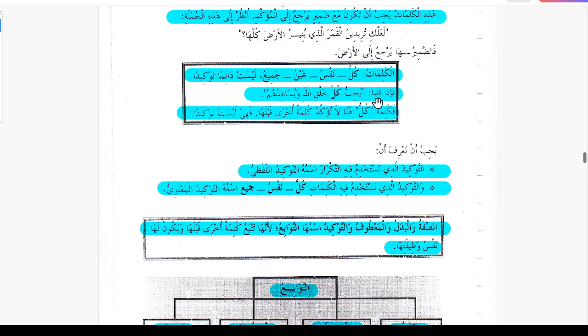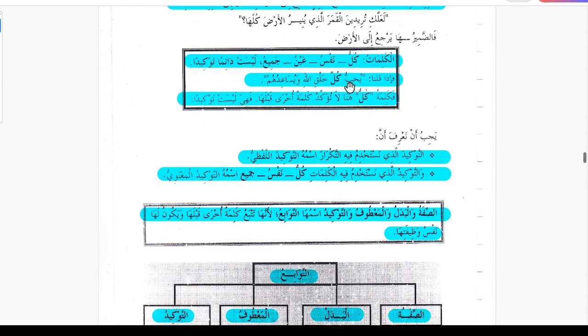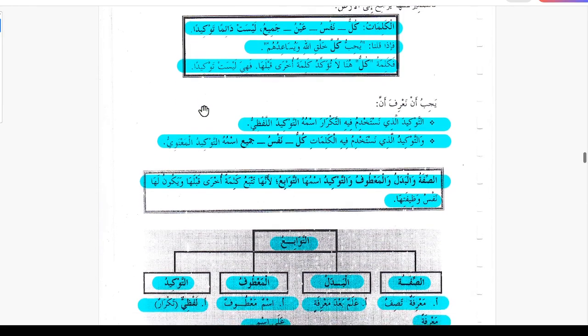Here is an example: when we said he loves all the creation of Allah and helps them, kullu here does not emphasize another word before it. It is not emphasis on loving, it is telling that he loves the whole creation of Allah. So it is not used for emphasis here.